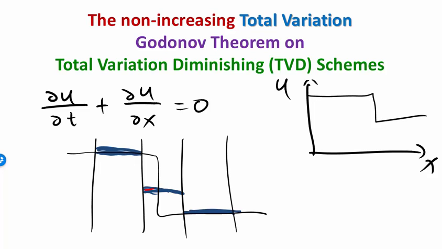Okay, so now let's look at, for example, this interface to see what our reconstruction is. Remember, we are going to take the cell average value as an approximation of the cell center value. We are also going to take this cell average as our cell center value. We are going to perform an extrapolation, which is going to get us to here. Okay, that's good. There is no problem about that.